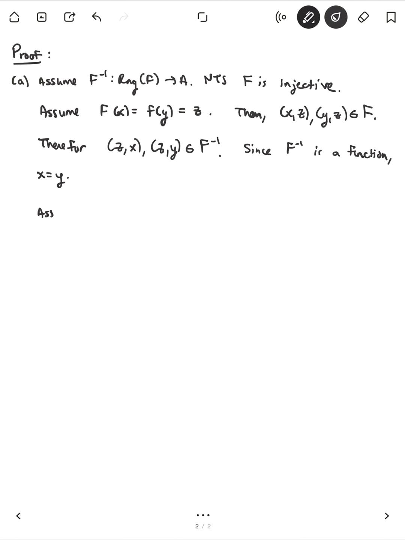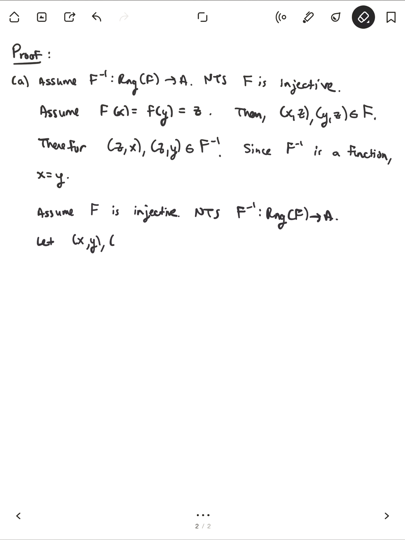Now assume f is injective. Need to show f inverse is a function from the range of f to A. So let (x, y) and (x, z) both be elements of f inverse, right?